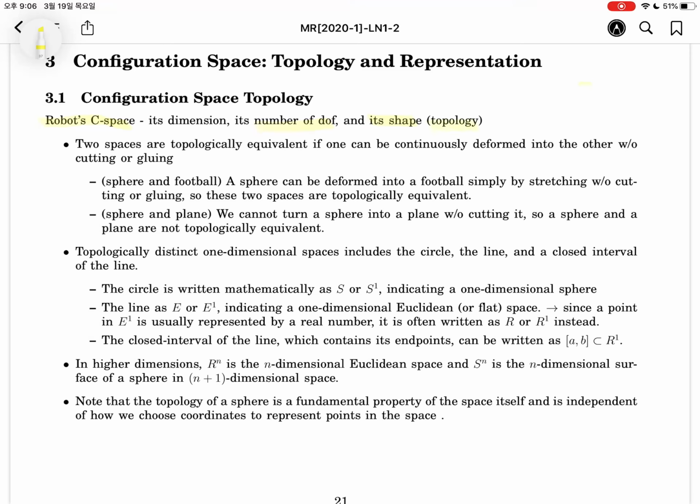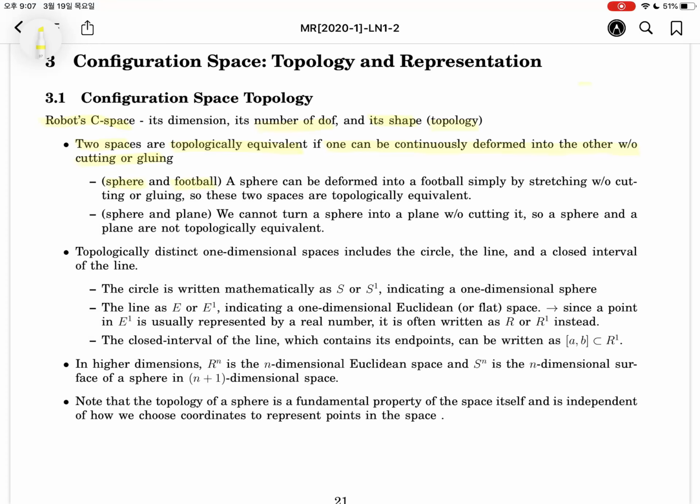In the viewpoint of shape, it is called topology in academic terminology. Two configuration spaces are topologically equivalent if one space can be continuously deformed into the other space without cutting and gluing. The key point is that topological equivalence does not use cutting or gluing.